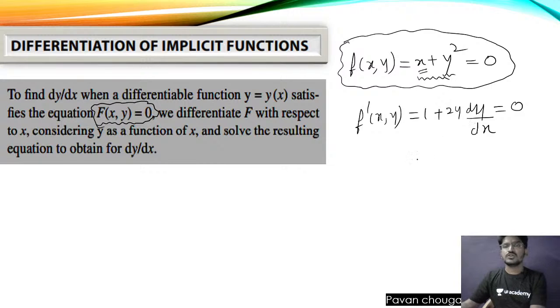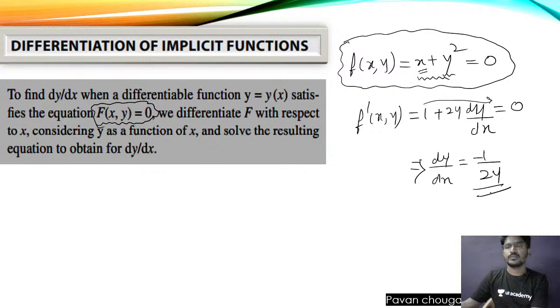Clear? So after this, if I take 1 to the other side, it will be dy by dx equal to minus 1 divided by 2y. If you don't know, see here: 2y dy by dx equals minus 1.